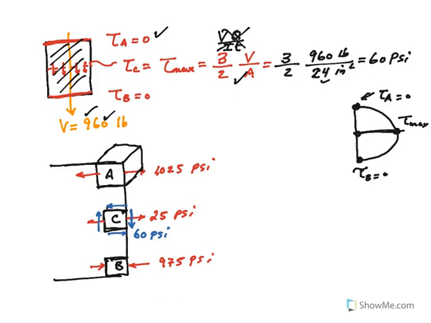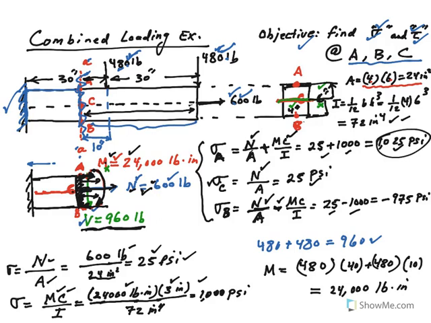If you look at it as two-dimensional, you could see that point A is right on the top fiber, point B is right on the bottom fiber, and point C is right in the middle, right on the neutral axis with the centroid line. Okay, so you could see that point A is in tension, right? 1025. Point B is in compression, 975 psi.